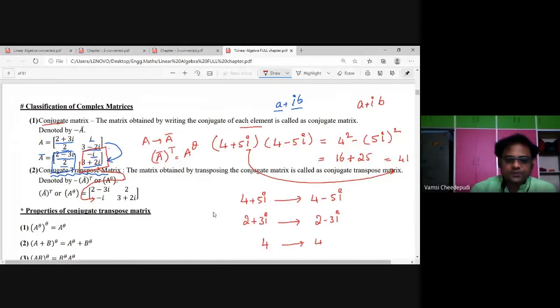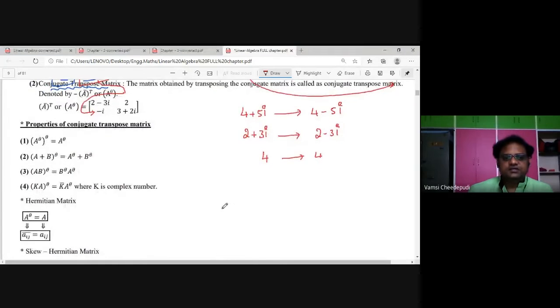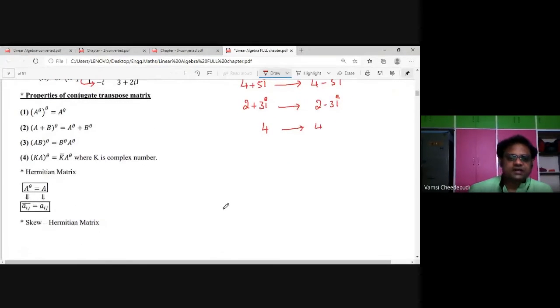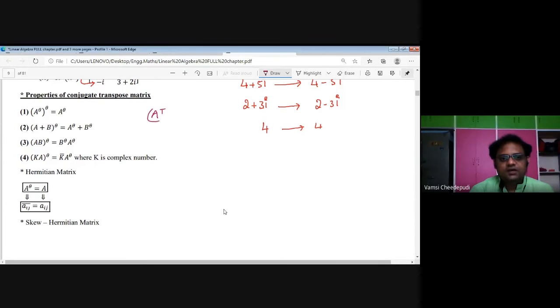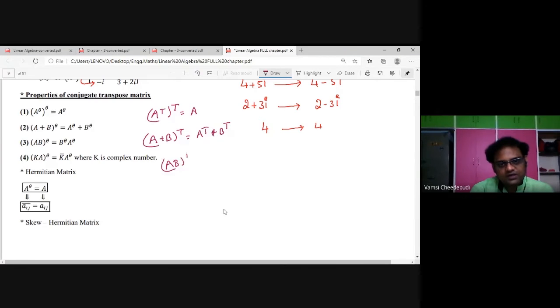Sir, what are the properties of this conjugate transpose matrix? Yeah, they are very similar to our transpose matrix properties. In the transpose matrix, you have taken properties like A power T whole power T is equals to A, A plus B whole power T is equals to A power T plus B power T, and A into B whole power T is equals to B transpose into A transpose.